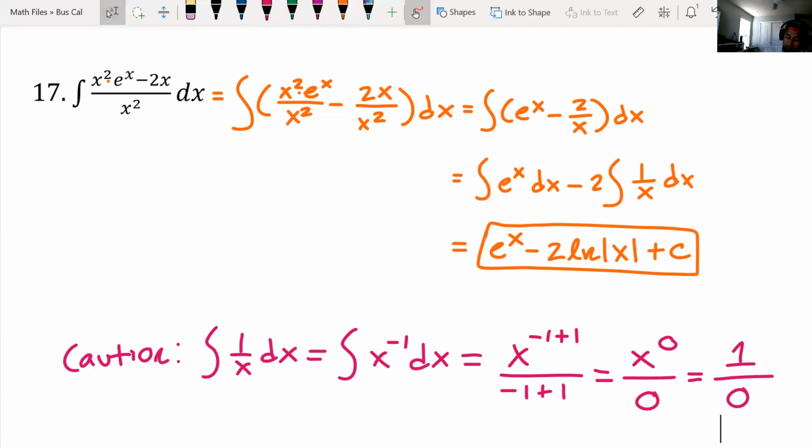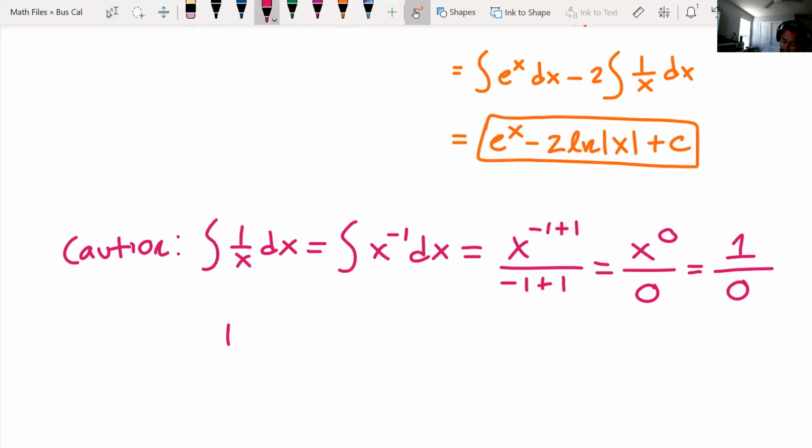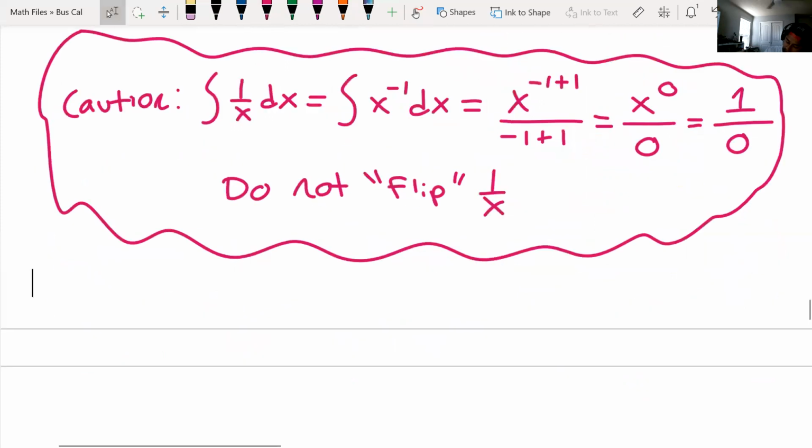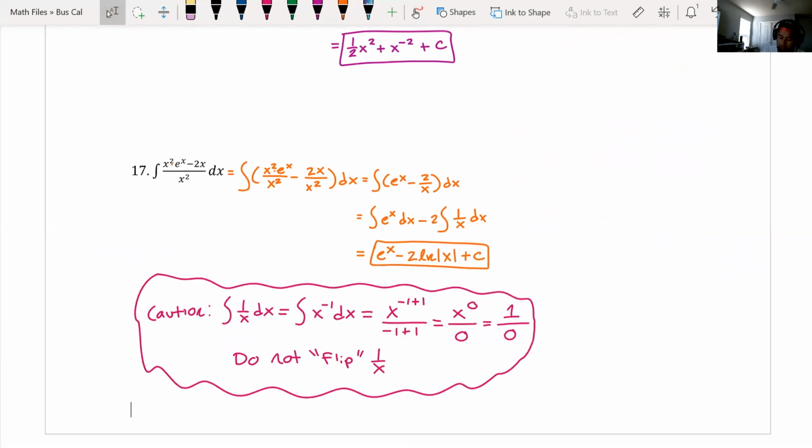No. So do not flip 1 over x. That becomes undefined, or we just say that integral doesn't exist. So never flip 1 over x. You can flip everything else, just do not flip 1 over x.